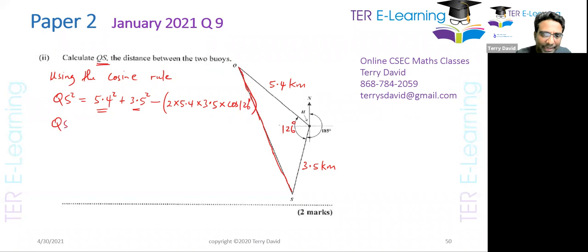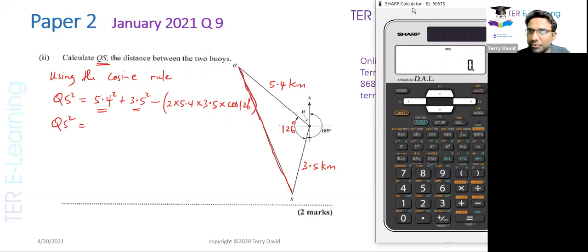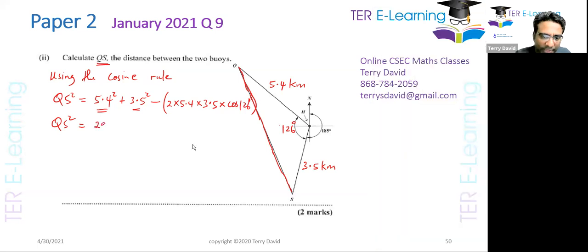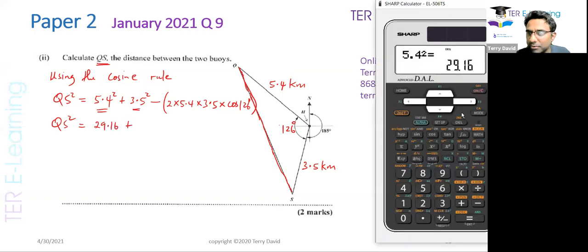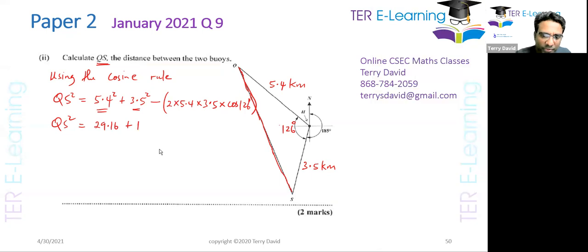So therefore, QS squared, we're going to do this bit by bit. So we're going to use this calculator here. This is typically what I use in class. 5.4 squared is going to give me 29.16. So 29.16 plus 3.5 squared. You're going to get 12.25. So 12.25 minus, and we're going to work out everything inside that bracket there.